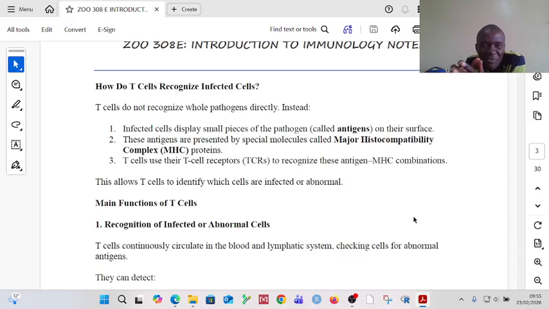So the MHC proteins, upon binding to that antigen, will then allow the T cell receptors, which the T cells use, to recognize that particular antigen MHC combination. So you can think of the MHC antigen combination as a flag.